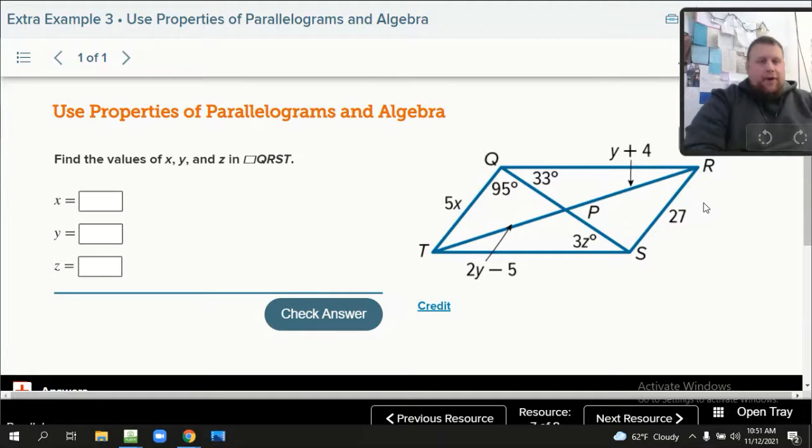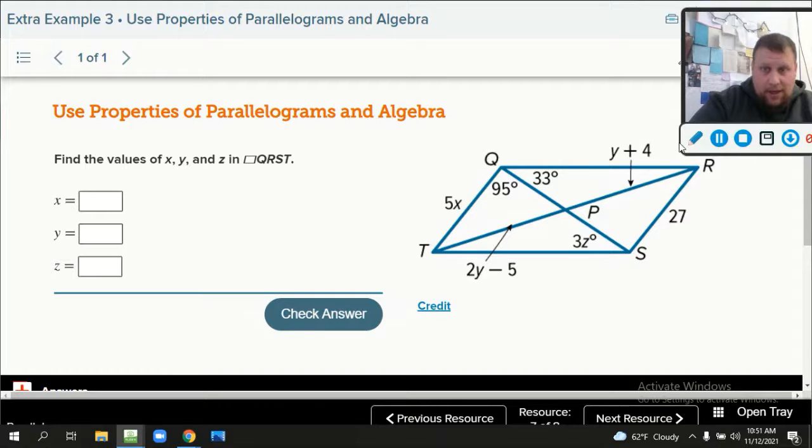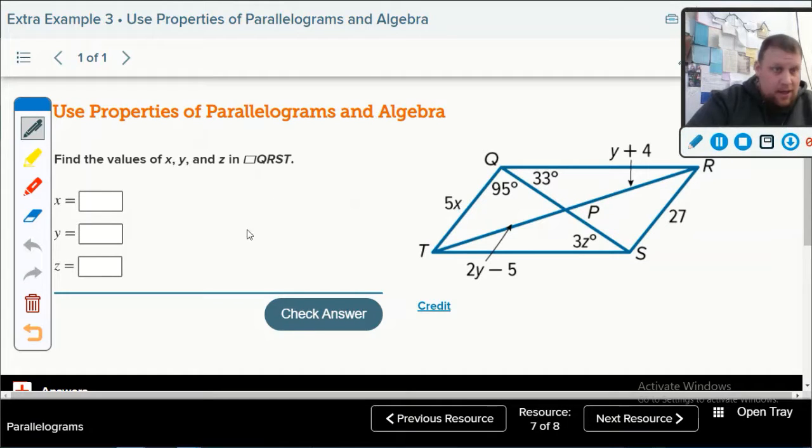So, what do we have right here? Let's start with x. X is over here on side QT, and then I know that QT is congruent to RS, right? Because opposite sides are congruent. So what can I say right away? I can say, hey, 5x equals 27.